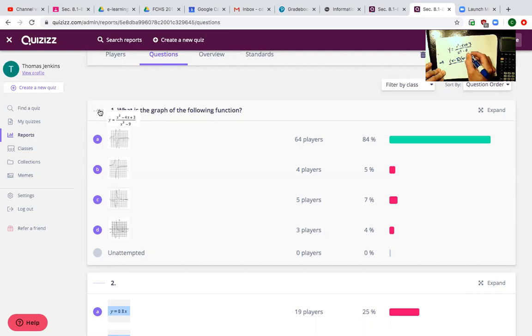And then the denominator is a difference of squares, so a plus b times a minus b, x minus 3 times x plus 3. And so those cancel. And so this really just simplifies to x minus 1 over x plus 3.